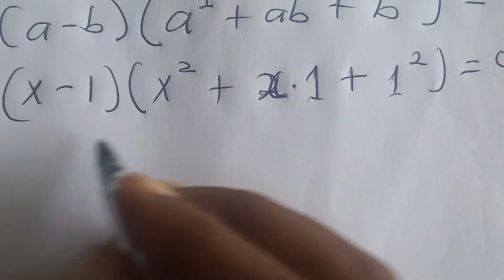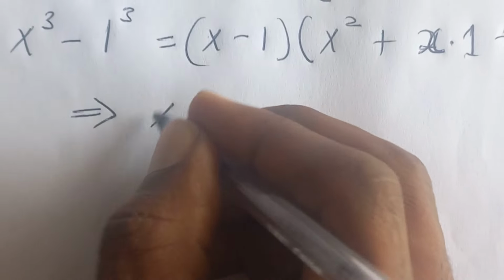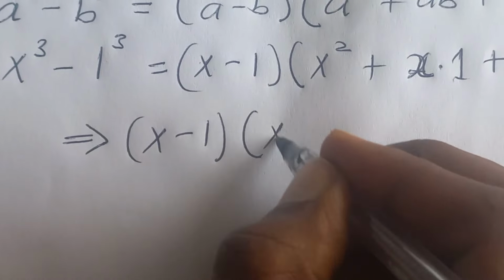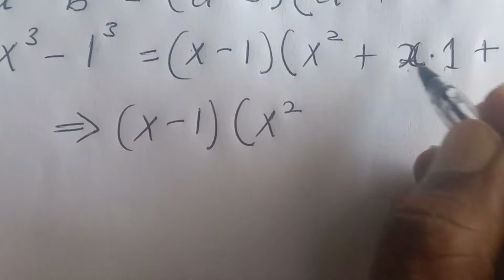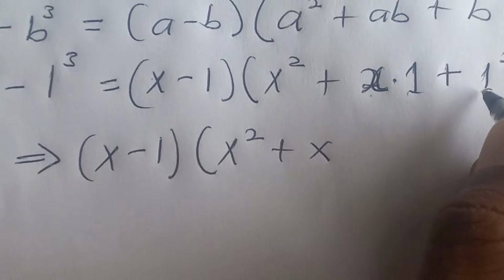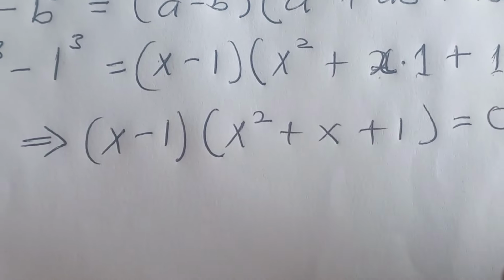Okay, now let's simplify this. This is equal to x minus 1 into bracket x squared, x times 1 we're having x, so plus x, 1 squared is 1, so plus 1 is equal to 0.